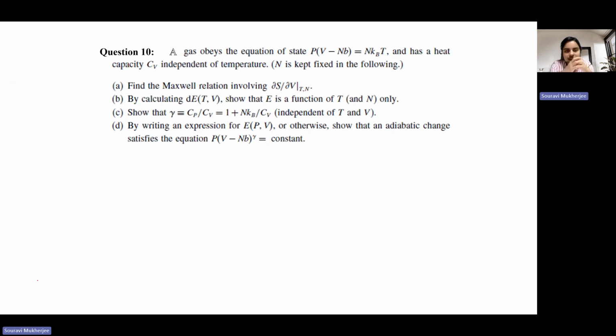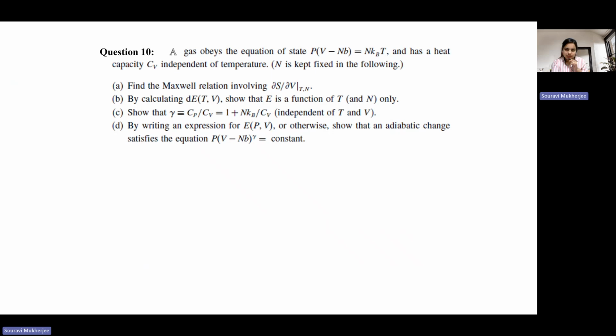Now, this is another question which says that a gas obeys the equation of state. Okay, so the equation of state is provided to you and has a heat capacity CV independent of temperature. So del CV del T at constant N is 0. Okay. Now it says to find the Maxwell's relation involving del S del V.